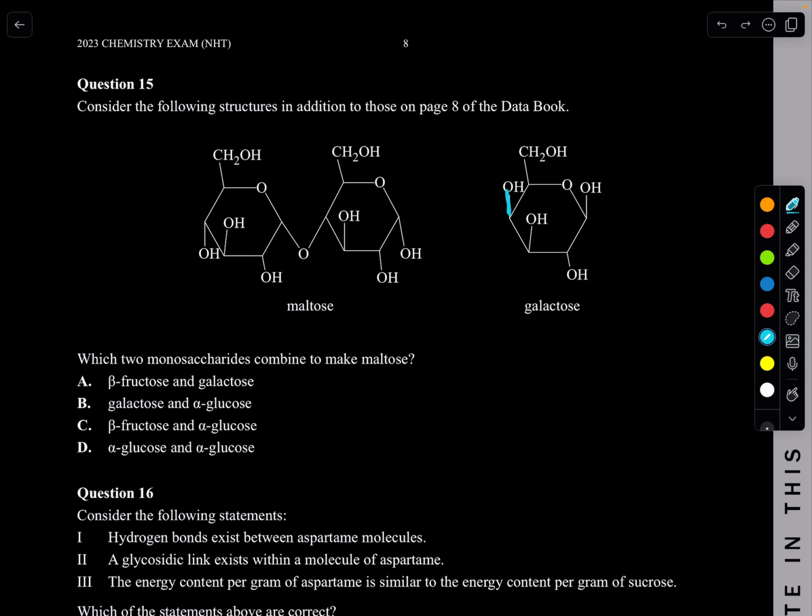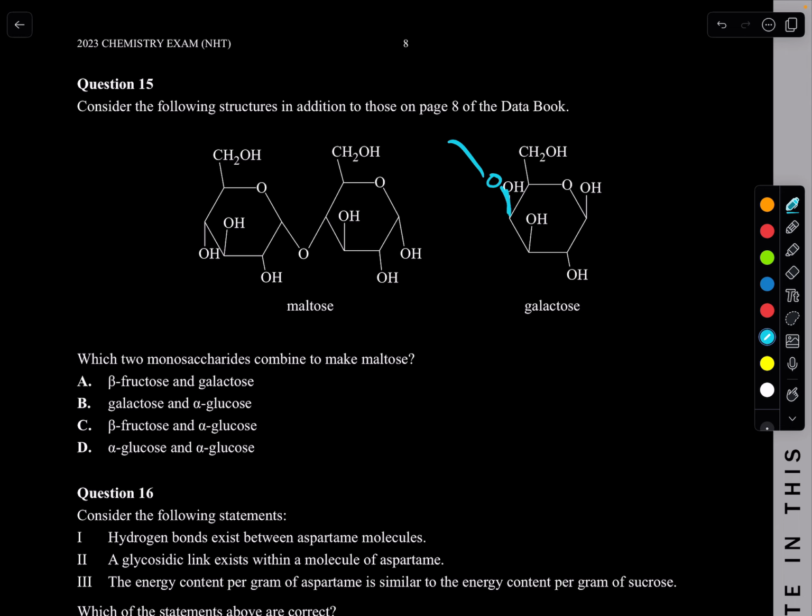Can you see how this bonds up, whereas this would be down? It'll look like a glycosidic link like that. Because both of them had a downwards bond, when they bonded, they formed something like a V shape.